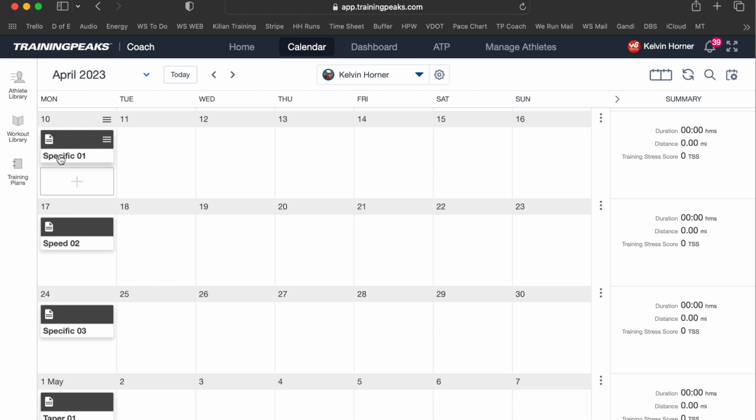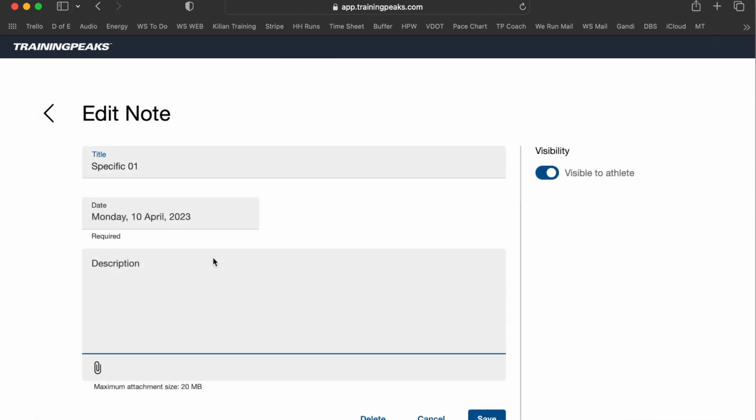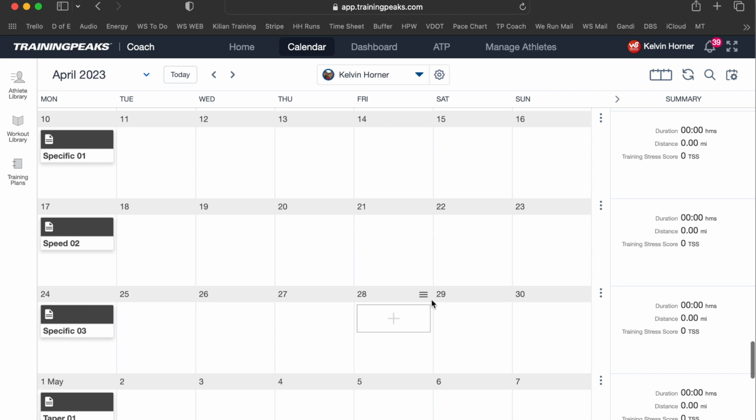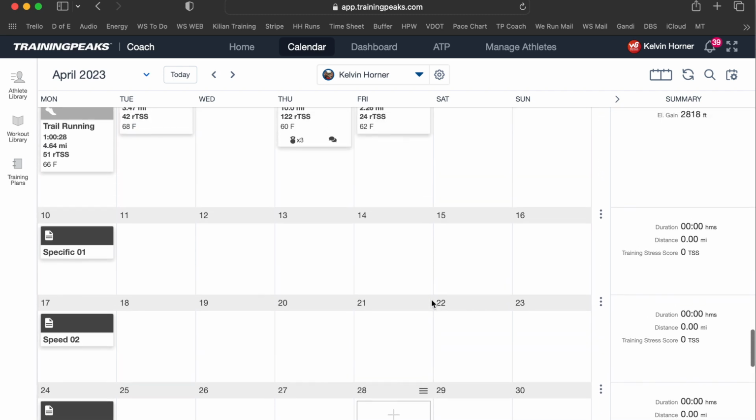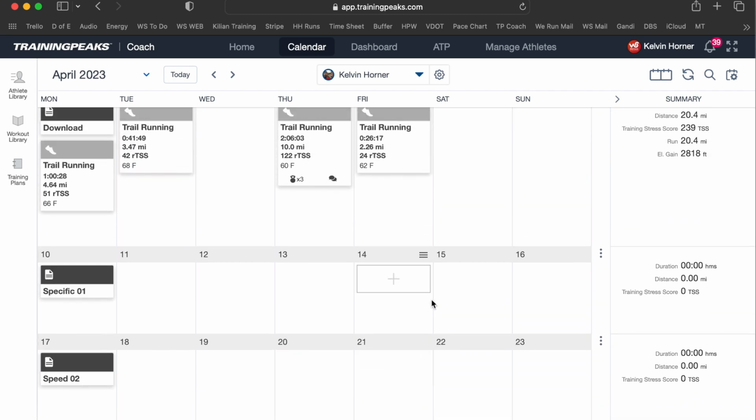So I literally get this as an email as a reminder, and I can also put some text in there if there's anything specific that I need to know. So I don't actually prescribe workouts for myself. I just put the note at the start of the week giving me a rough idea what to do.